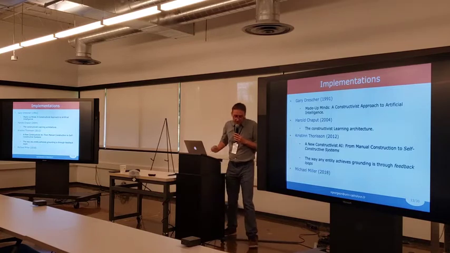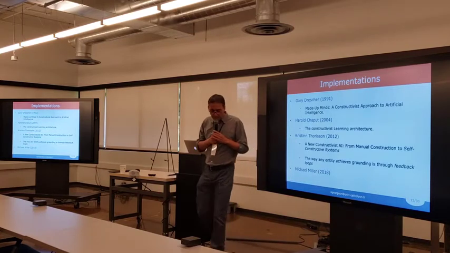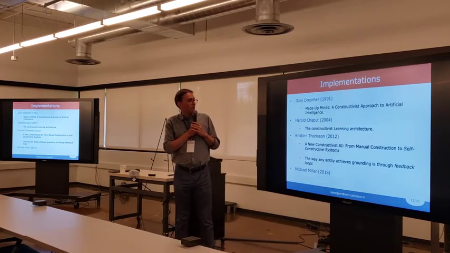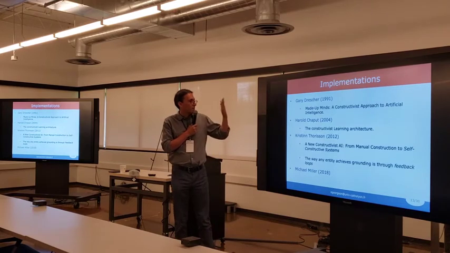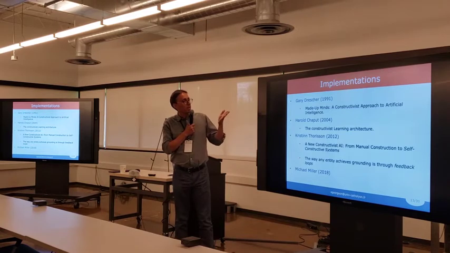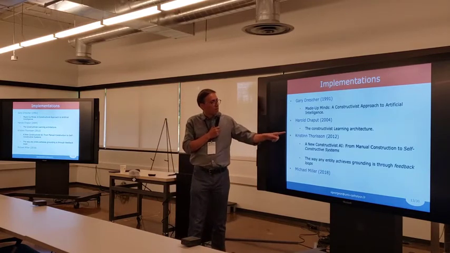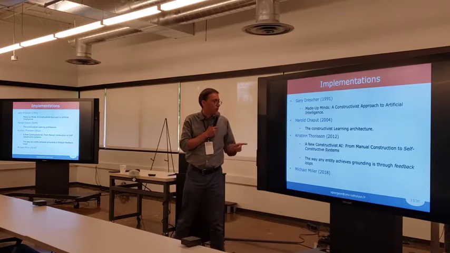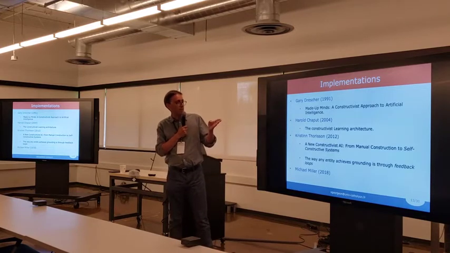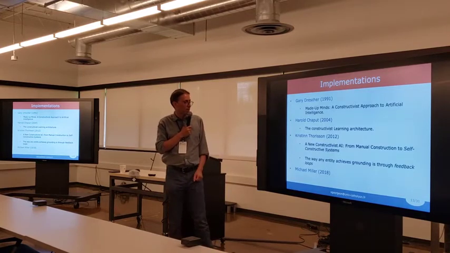So some implementations of Piagetian and constructivist learning have been made already. Gary Drescher in '91 made Made-Up Minds, a constructivist approach to artificial intelligence. Howard Chaput in 2004, the constructivist learning architecture. Christine Torison in his paper in 2012, A New Constructivist AI: From Manual Construction to Self-Constructive Systems.